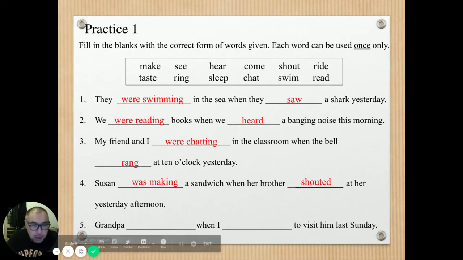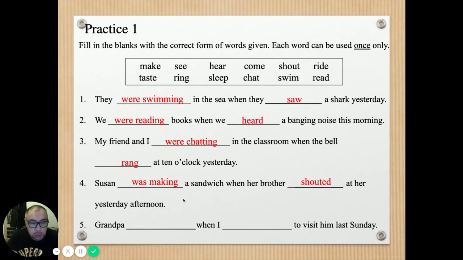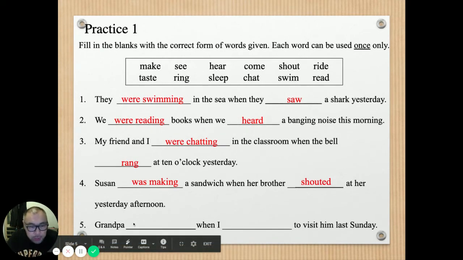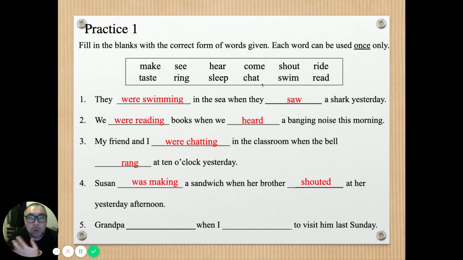5. Grandpa blank when I blank to visit him last Sunday. So, let's see, what do we use? Well, we didn't use, what do old people do usually sometimes in the afternoon? Yes, sleep, like Mr. Lee.